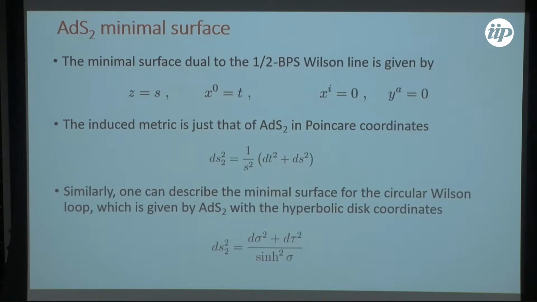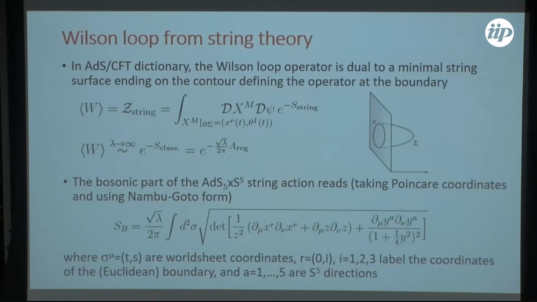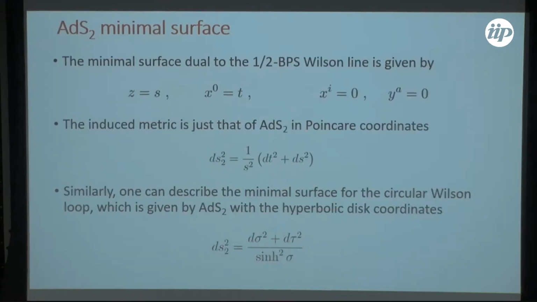If we denote s and t the worldsheet coordinates, it's just Z equals s and X0 equals t, and everything else to 0. So this is just an AdS2 in Poincare coordinates embedded inside AdS5. The induced metric is just this, which is the AdS2 induced metric. So you just take the AdS5 cross S5 metric and specialize to this. It gives an AdS2, as is well known.